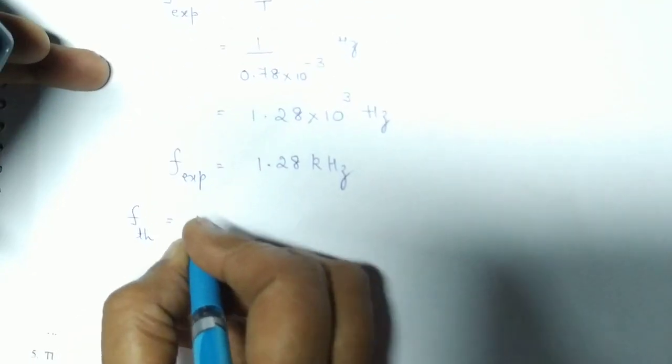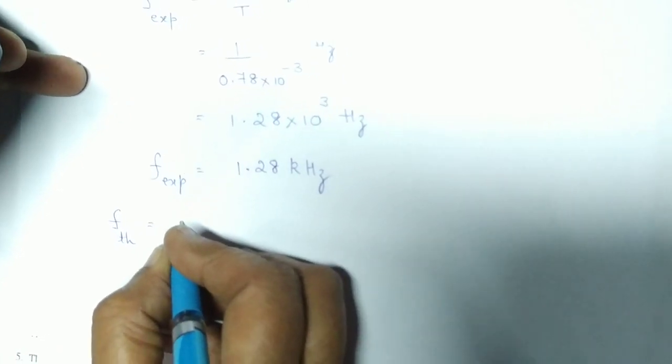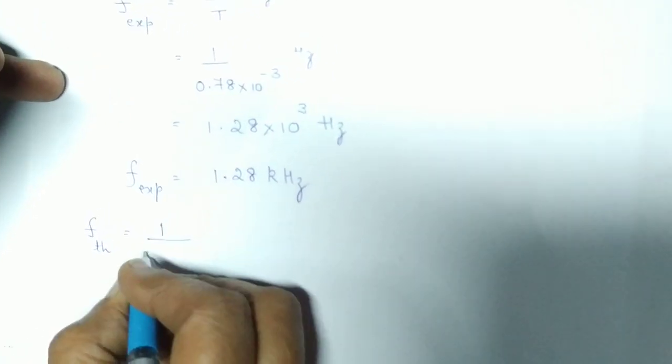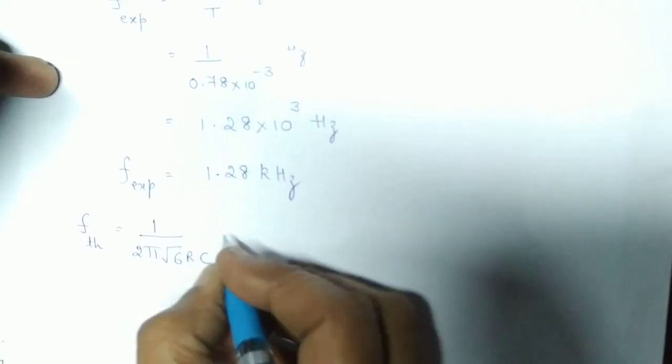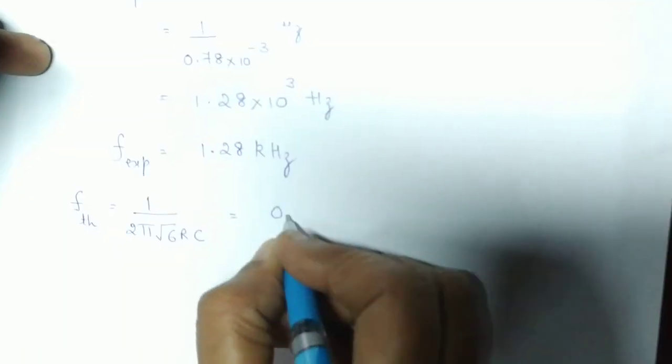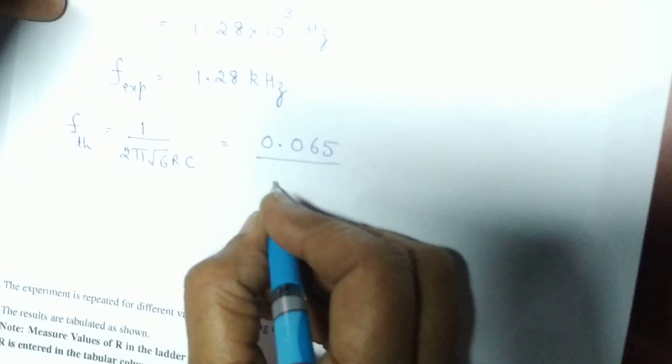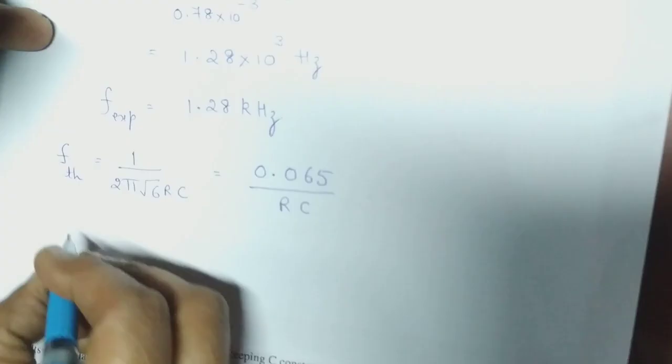We have to now verify the experimental value of frequency with the theoretical value. The theoretical value of frequency is 1 by 2 pi root 6 RC. However, for simplification, we use the formula 0.065 divided by RC.